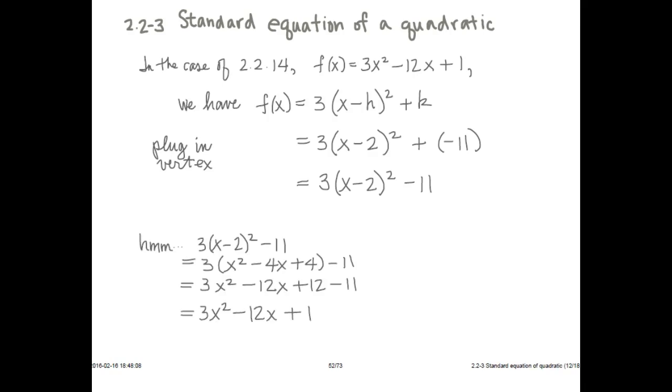And if I feel a desire to check this, then I can expand it again by figuring out what that x minus 2 squared is and all that. And yeah, I do come right back to where I started, so I feel good.